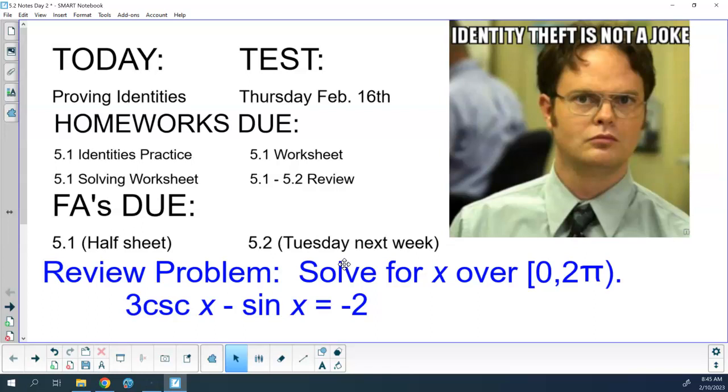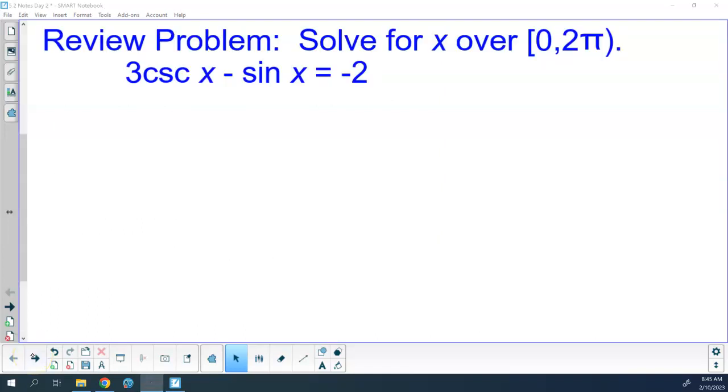With that being said, I'll give you a couple of minutes to solve for x over the interval 0 to 2 pi. 3 cosecant of x minus sine of x equals -2. Go for it. While you're doing that, I'll just talk in the background about the fact that the only way that you get better with this stuff is by doing this stuff.